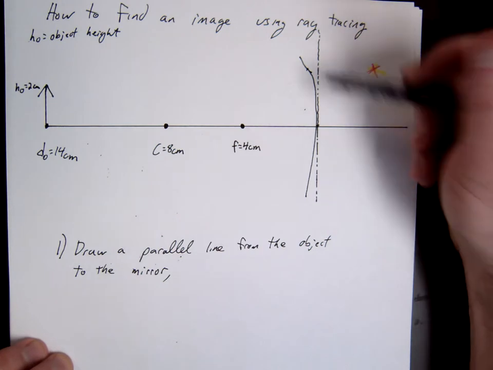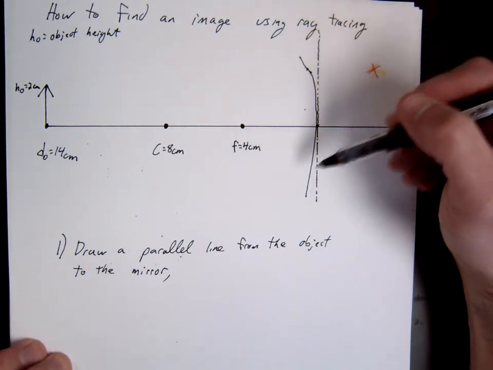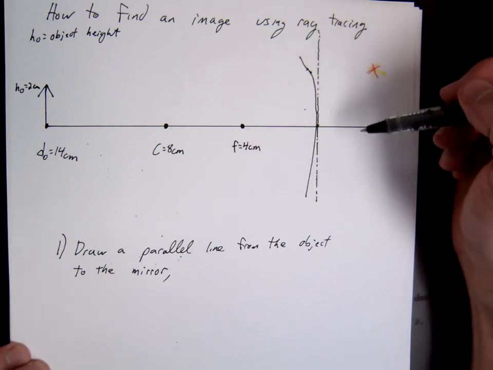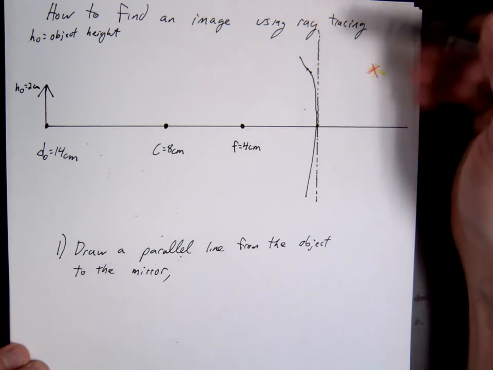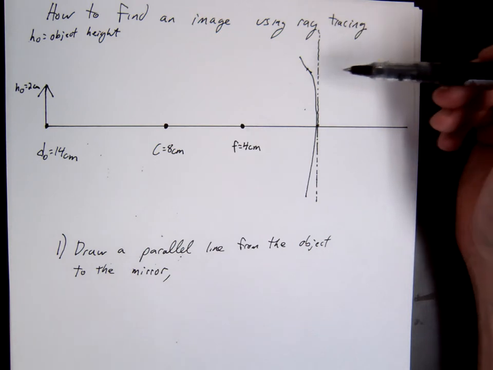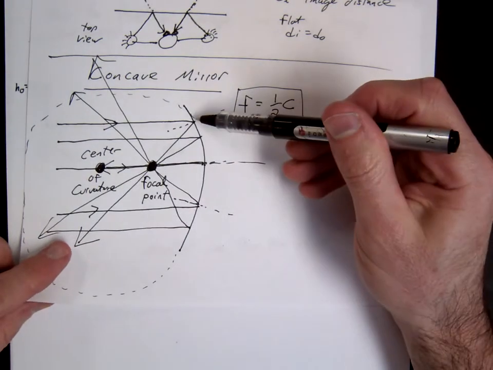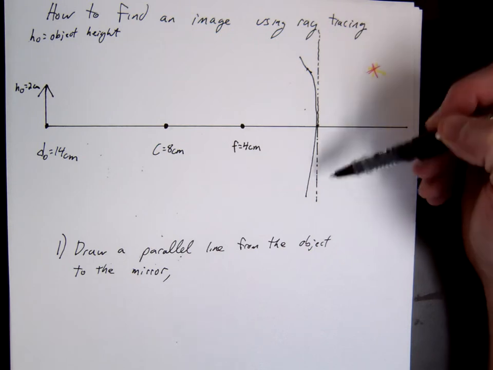The reason for this is all of you are drawing different size mirrors, and depending on how the mirror is drawn, you're going to increase or decrease your accuracy. So we're going to draw all our lines to this vertical line in the back, and you're going to reflect it off the back. Just know in the back of your mind, reality is that the light actually hits the mirror and reflects. But for the purposes of this, we're just going to go all the way back to this vertical line.